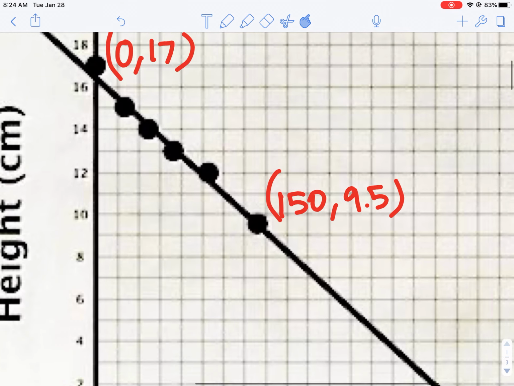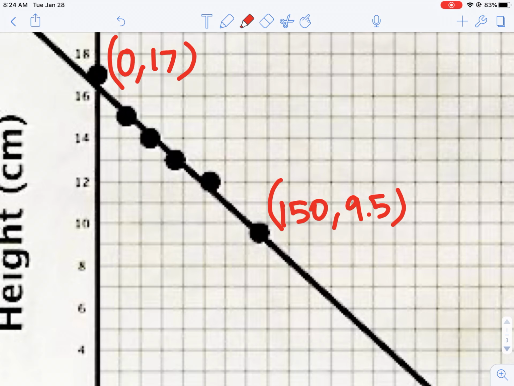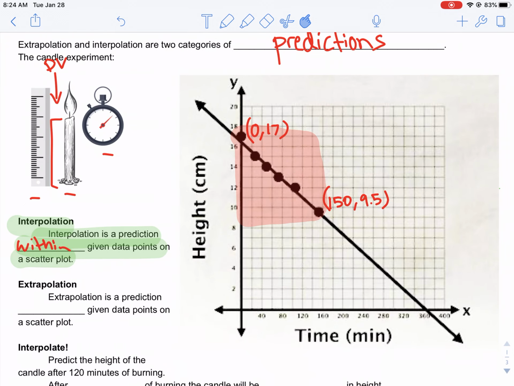So anytime you make a prediction that's in this range of data, that is interpolation. I should keep these consistent. I'm going to make this in red. Interpolation in red, extrapolation in green.